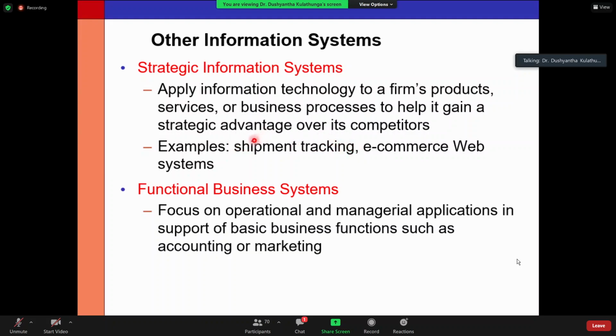But if only a limited number of e-commerce companies had this feature and others did not, then the companies having it tend to get a strategic advantage because the customers would value this feature. Customers would tend to purchase from these companies because they can track their product at any time that they want. So again, e-commerce web systems, having an e-commerce website itself is an advantage.